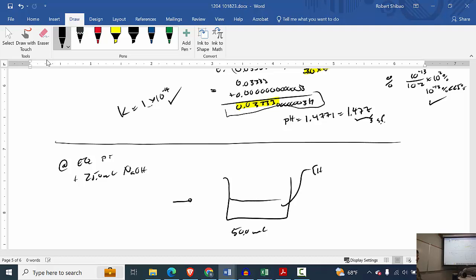HCl is going to be a 25 to 50 dilution, which gives 0.0500 molar. The sodium hydroxide will be the same dilution factor, 25 to 50, giving 0.0500 molar.